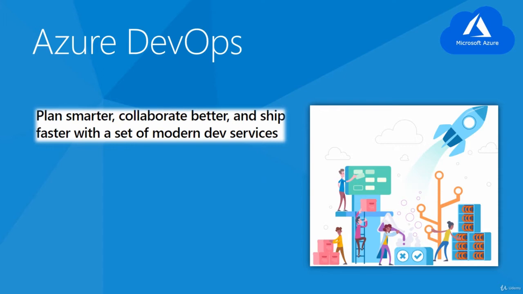So what is DevOps? DevOps is a set of software development practices that combines software development and information technology operations to shorten the system development lifecycle. It is vital in the industry.